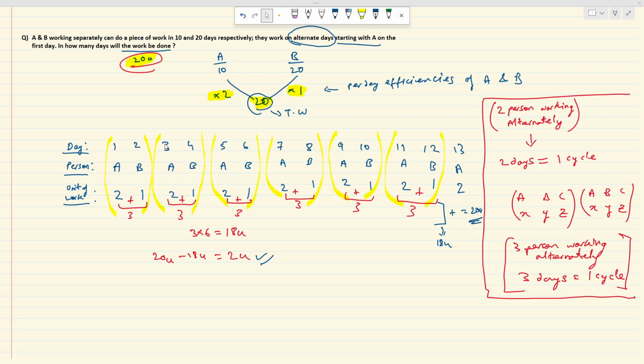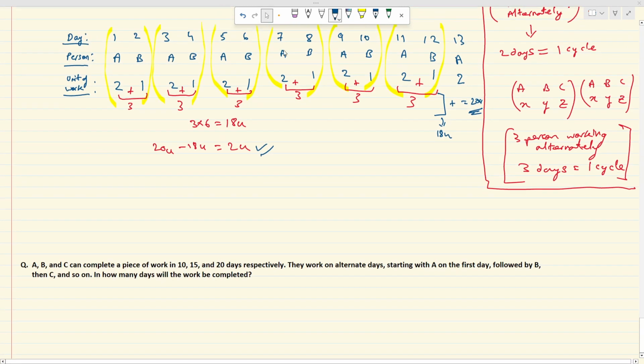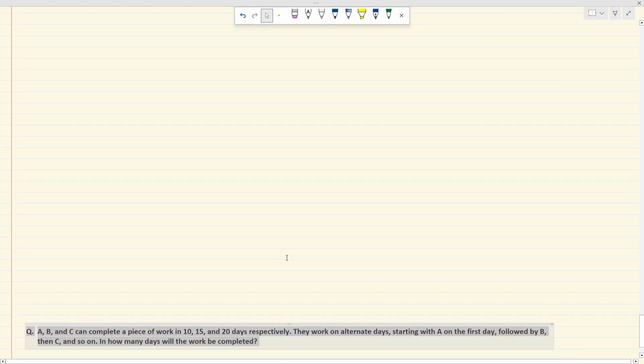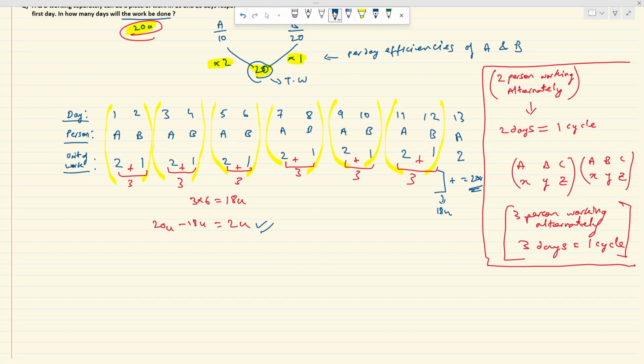But in the exam, our first step is to calculate the work done by each person in one day.